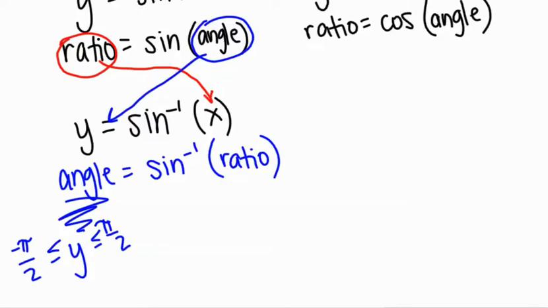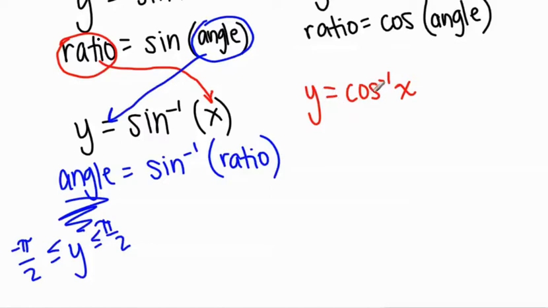When I do cosine and I have y equals arc cosine of x, or y equals inverse cosine of x, or I think that's how we say it. I write cosine with the -1 for the inverse, but many times I just say y equals arc cosine of x because it's easier to say.